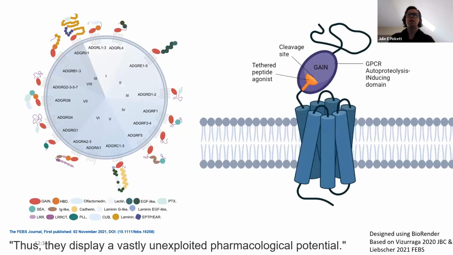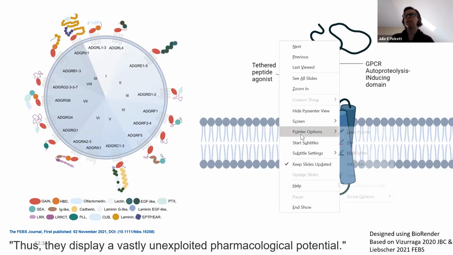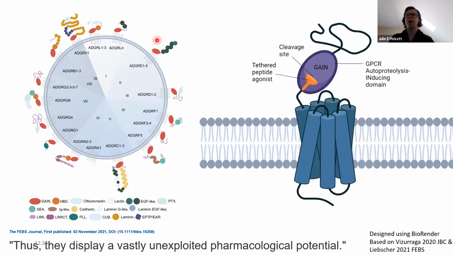One of the things that I like about IDG is that it allows you to end up in parts of the proteome that you maybe wouldn't have otherwise. For me, this means studying adhesion GPCRs, many of which are orphans. There are 33 adhesion GPCRs. They are distinguished from typical GPCRs by being very large, especially having these large N-terminal domains that are often made up of many different components, as outlined at the bottom of this figure.